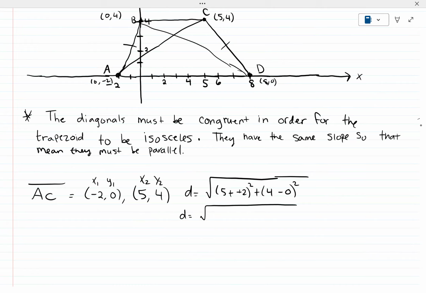Two negatives become a positive, and 4 minus 0 is 4. 7 squared is 49, plus 4 squared is 16, and 49 plus 16 is 65.